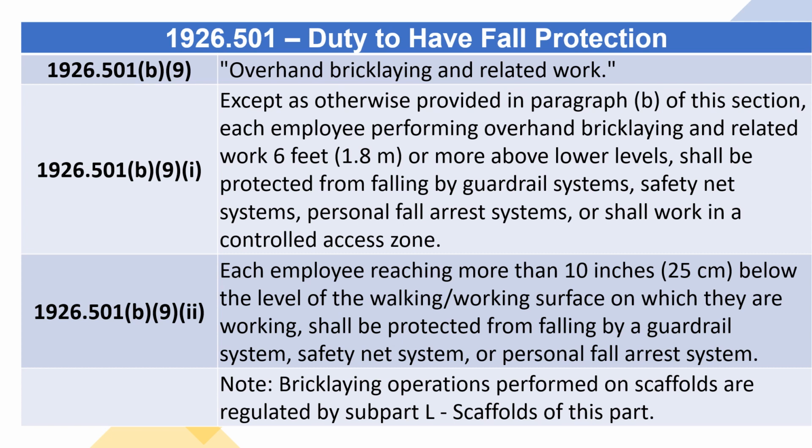Each employee reaching more than 10 inches (25 centimeters) below the level of the walking/working surface on which they are working shall be protected from falling by a guardrail system, safety net system, or personal fall arrest system. Note: bricklaying operations performed on scaffolds are regulated by Subpart L, Scaffolds, of this part.